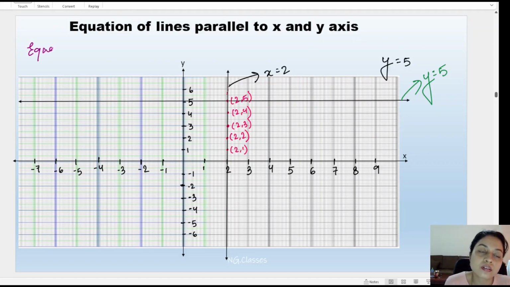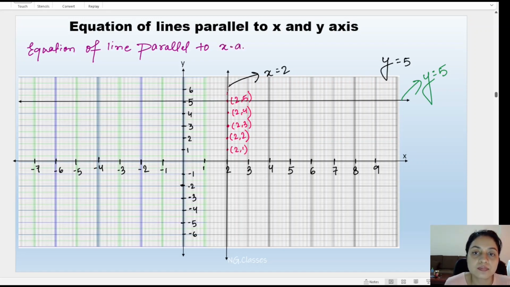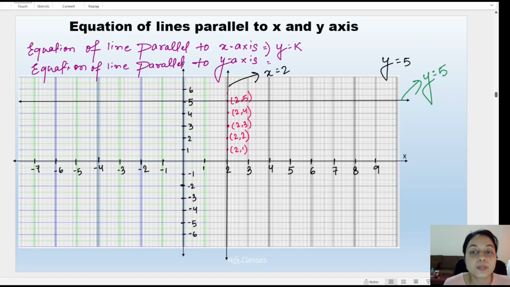The equation of a line parallel to the x-axis will always be in the form y equals k. And the equation of a line parallel to the y-axis will be in the form x equals k. Here k can be any constant number.